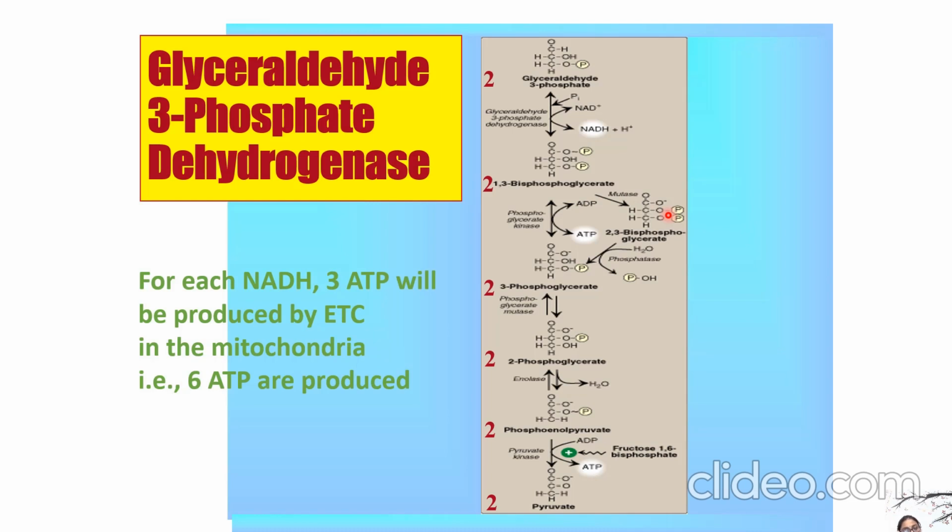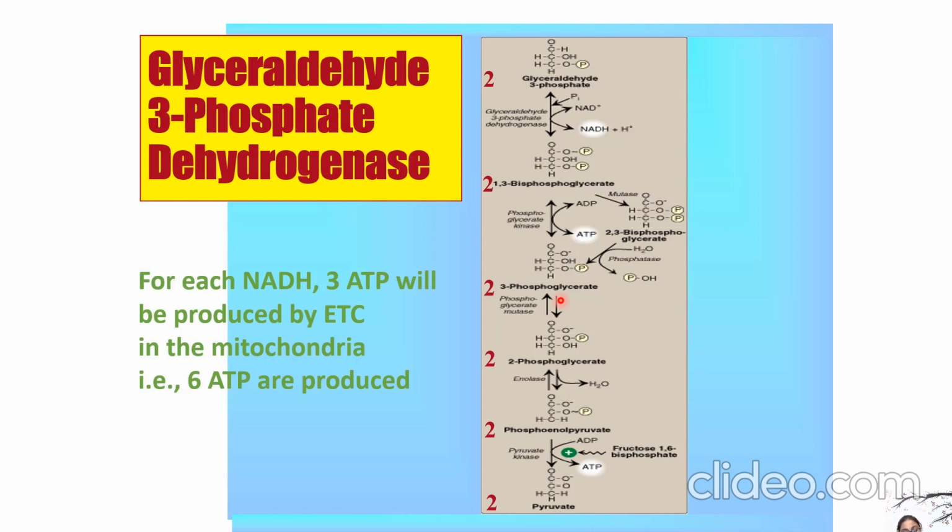Now 3-phosphoglycerate will get converted to 2-phosphoglycerate by using phosphoglycerate mutase. So you can see all the steps and all the enzymes that are carrying out these steps, and then 2-phosphoglycerate will give rise to phosphoenolpyruvate, PEP, with the help of the enzyme enolase and with the release of a water molecule.